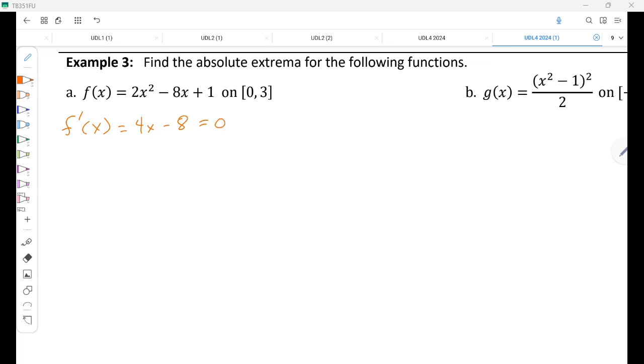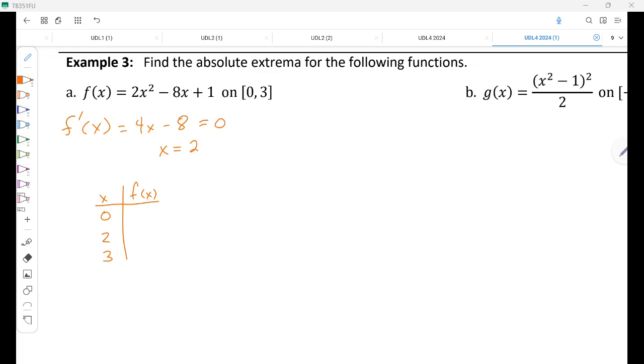That happens when x equals 2, which means that the only candidates for absolute min and absolute max are the endpoints 0 and 3 and the critical value that we just found, which is 2. And since this is a parabola, that's just going to be the vertex. So we've got 0, 2, and 3. We've got x. We've got f of x.